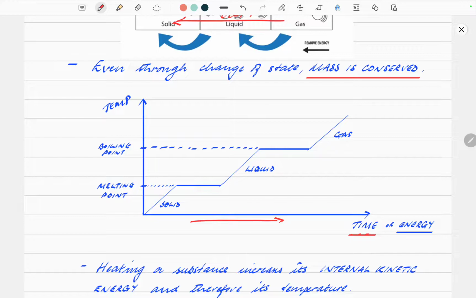It serves the same purpose. What we can see in a solid is that as you add energy, it heats up, up to a certain point when it will stop heating up, and the temperature is constant.